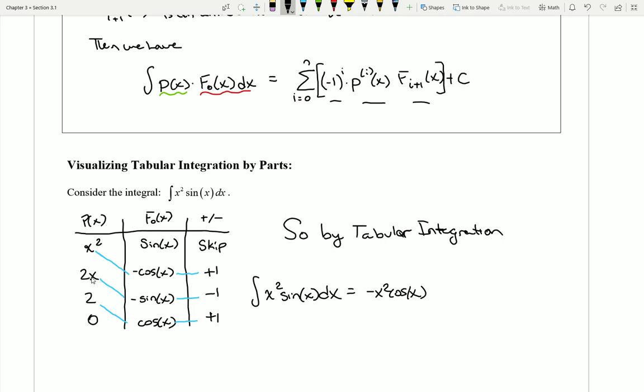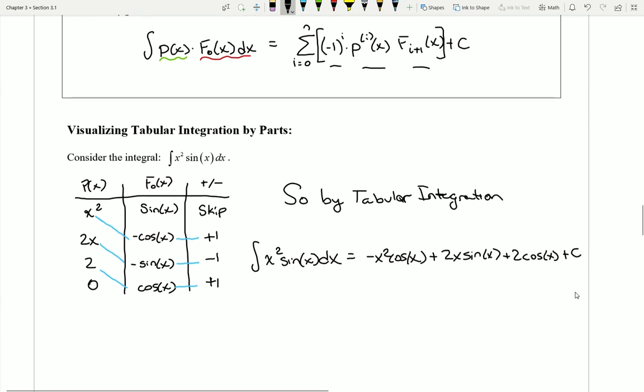Then, what is that going to be? It's a negative sign times a negative 1. That's a positive sign, so it's going to be a positive 2x sine x, and then plus 2 cosine x, and then plus c. Boom! An instant answer created.